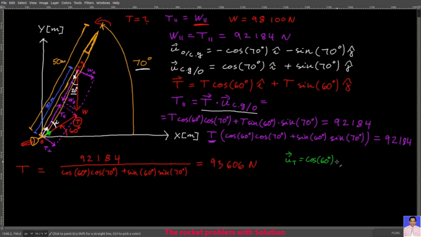This unit vector is cosine 60 degrees times I plus sine 60 degrees times J. You get it with this formula, T vector over the magnitude of T vector. And now if I write T times this unit vector, then this is different from this one here. Here, this unit vector already points along this thrust force, and this one is the magnitude of the thrust force.